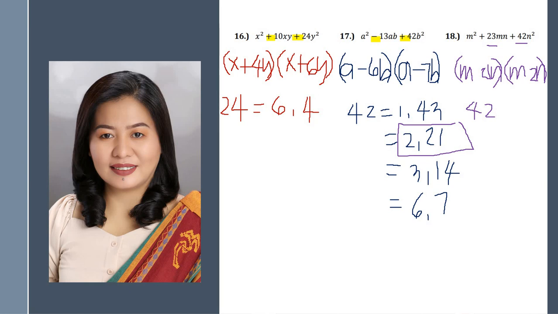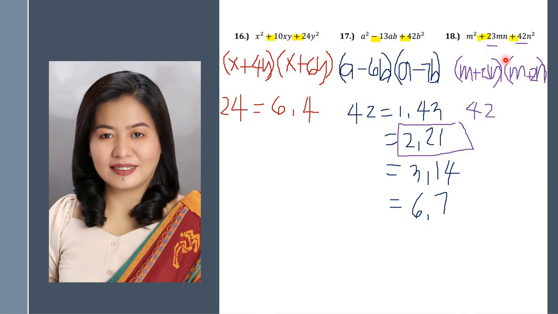Since both the middle and the last term have positive signs, then I'll have plus here, a plus and a plus. So to check, 21n plus 2n is 23n.